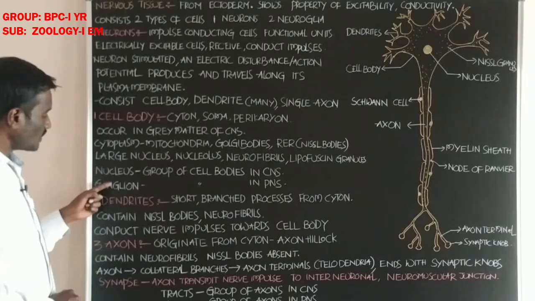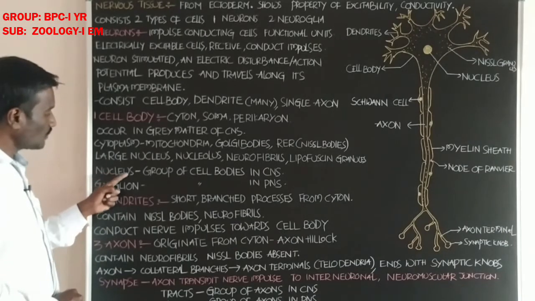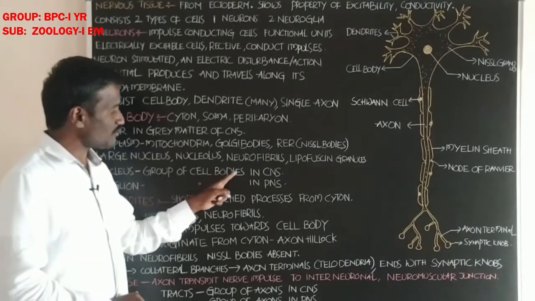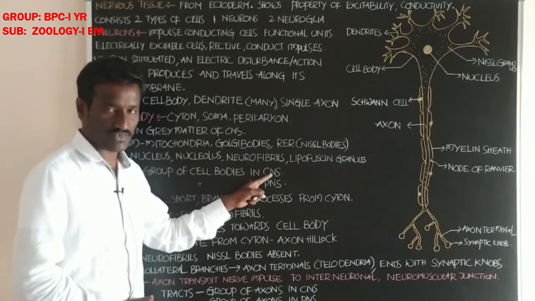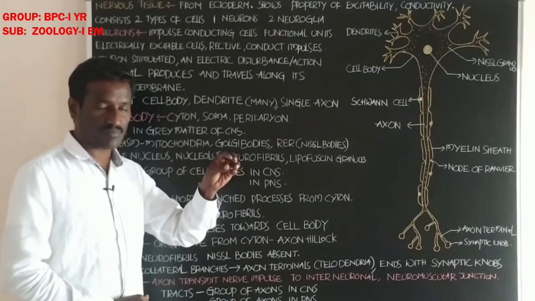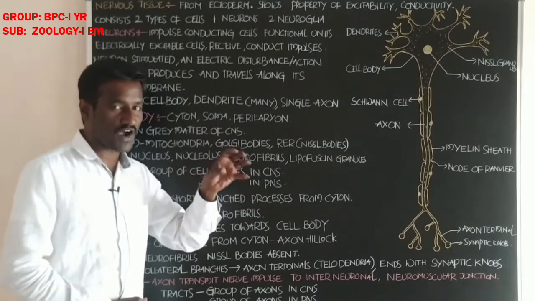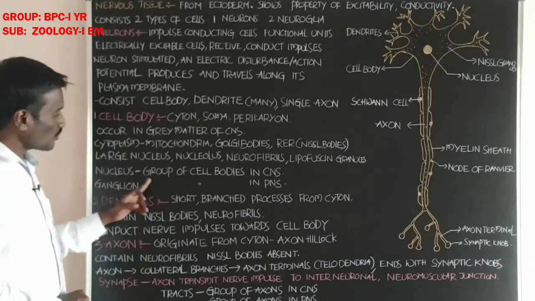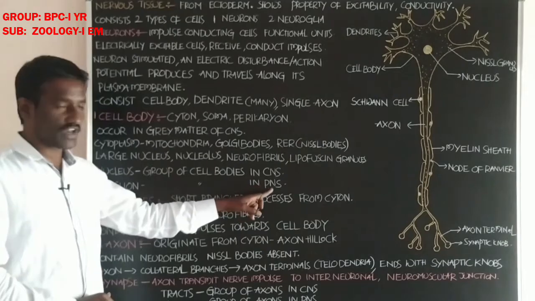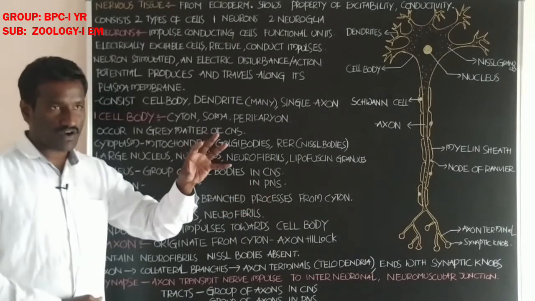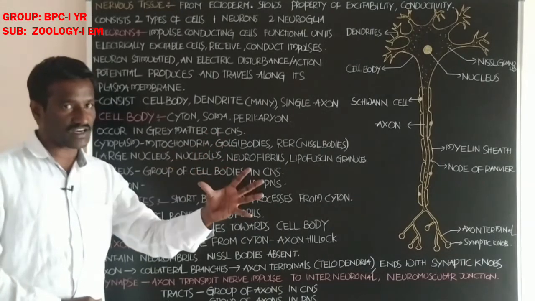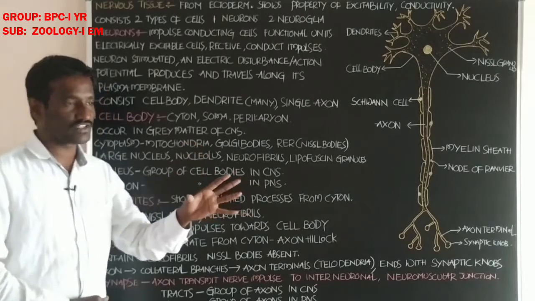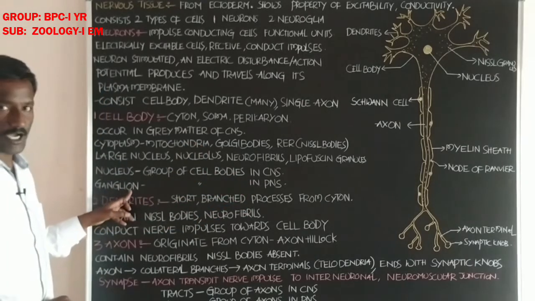Students, these two definitions are important. A nucleus is a group of cell bodies in the central nervous system. A group of cell bodies present in the region of the peripheral nervous system is called a ganglion.